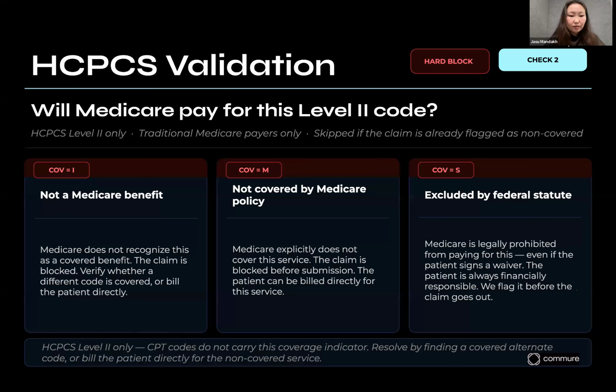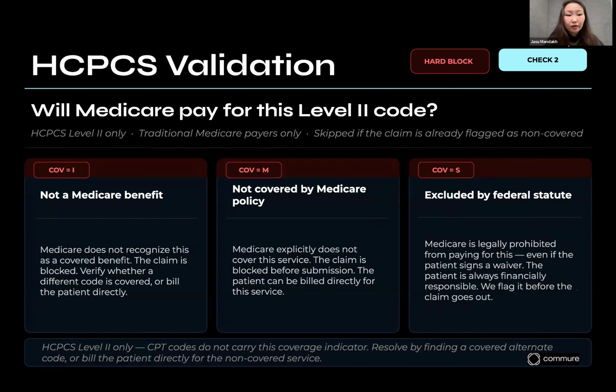What each of them means is that it's not a Medicare benefit, it's excluded by statute federally, and it's not covered by Medicare policy. So in that case, we are also blocking it. But one way to override this is if you acknowledge that this is a non-covered service and want to submit the claim, you can add a GY modifier on the service lines, bypass this block, and get it submitted.